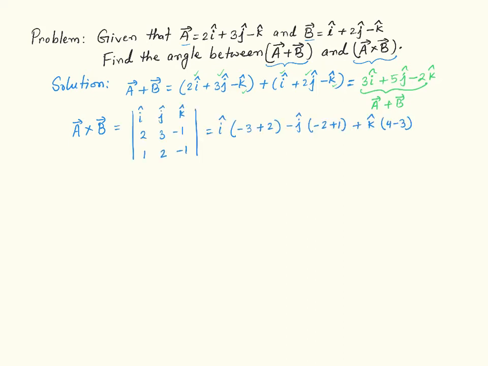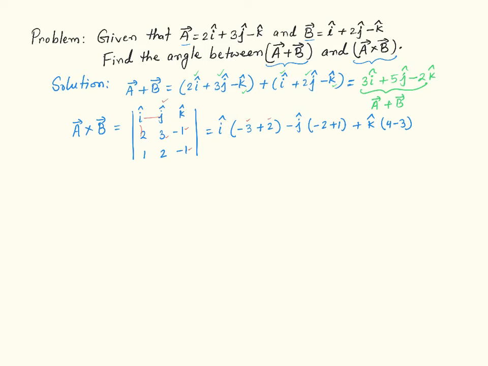Let's expand it using the standard process. For i hat, I exclude the first row and the first column, and then 3 times negative 1 gives me negative 3, minus negative 1 times 2, so negative and negative is going to make it positive 2.